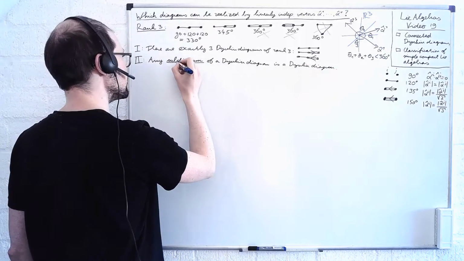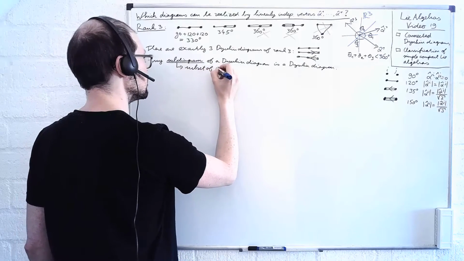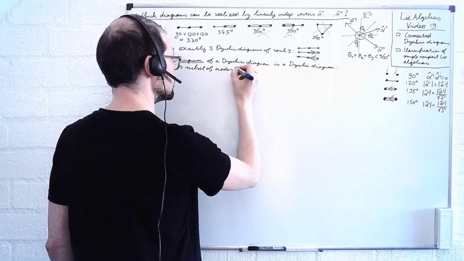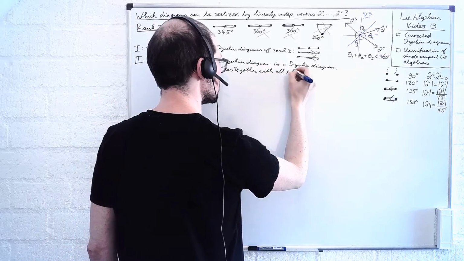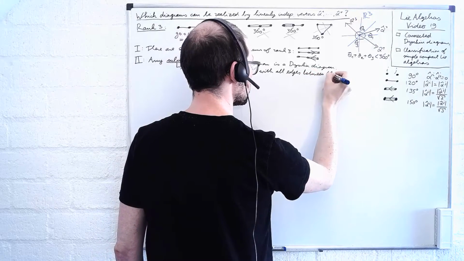So by a subdiagram I really mean a subset of nodes together with all the possible edges between them.